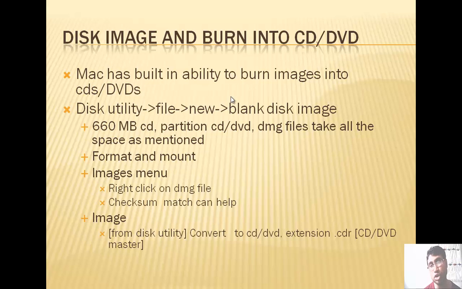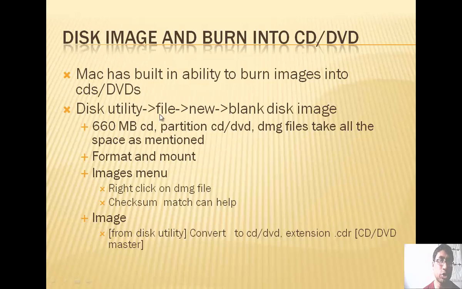There are different options. You can use, for example, a 660 megabyte CD or DVD DMG file. If you select this option, it will take 660 megabytes of space on your hard drive. Then you can copy stuff into it, and then you can write it.